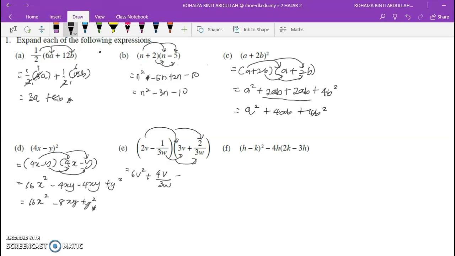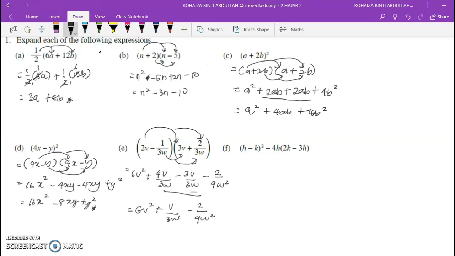Minus 1 multiply 3v, 3v over 3w. Minus negative positive. 2 multiply 1, 2 over 3 multiply 3, 9w square. Okay, here is like term. 6v square, 4v minus 3v, 4v over 3w minus 3v over 3w, minus 2 over 9w.